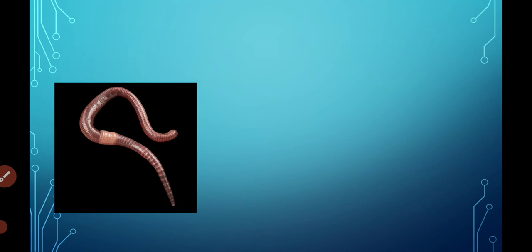It brings organic substances from the top of the soil to the bottom of the soil, and it makes the soil fertile. So earthworm is called the friend of a farmer. Earthworm is also a very useful animal.